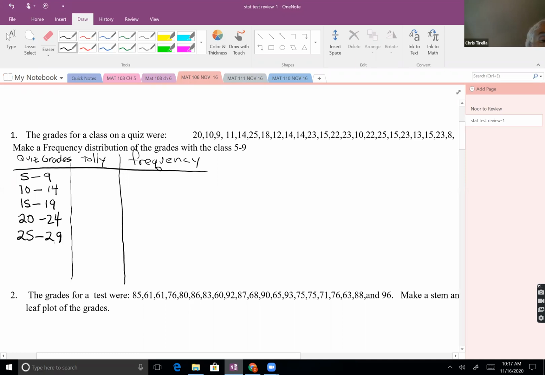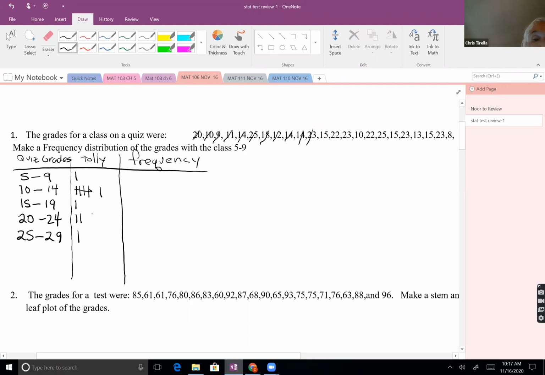Now doing my tally, first one's a 20, second one is a 10. Then we've got a 9. Then we've got an 11. Then we've got 14. Then we've got a 25, an 18, 12, 14.